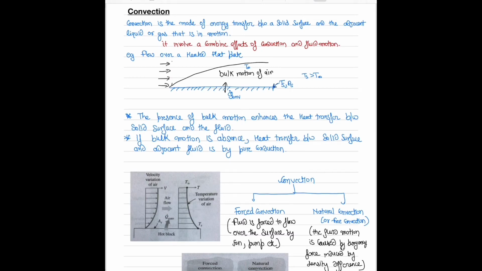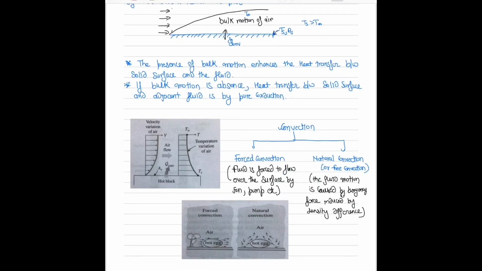So there will be heat flowing from the hot plate to the air by means of conduction as well as convection, due to the presence of bulk motion. If the fluid motion is absent, the heat transfer between the solid surface and the adjacent fluid is by pure conduction.